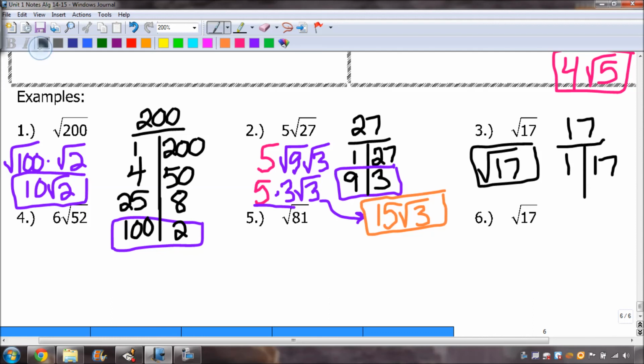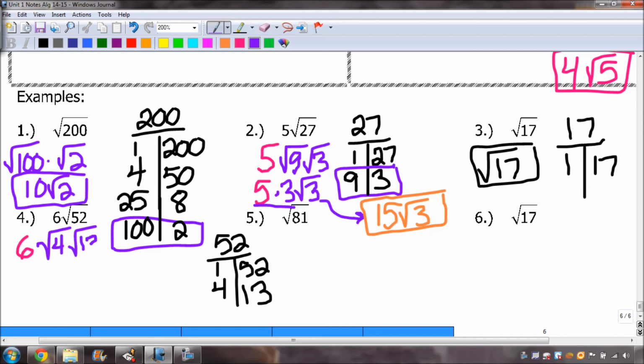Okay, in number 4, you should make a chart for 52. So I'm going to make a chart for 52, and hopefully you got that the only factors that are perfect squares that 52 is divisible by are 1 and 52 and 4 and 13. So again, I'm just going to copy the 6 down, okay? And then I'm going to split up the square root of 52 as the square root of 4 times the square root of 13, okay?